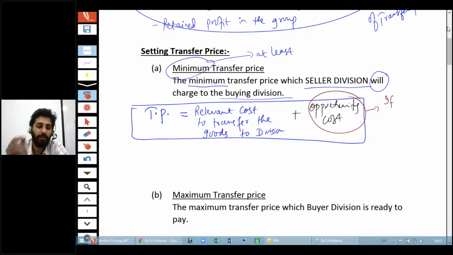So you will be receiving it from me if you are losing the external sales. You will be receiving this money from me, because of me.